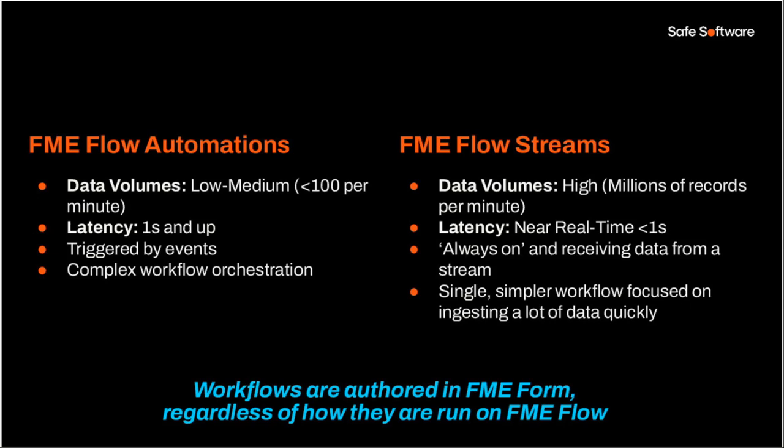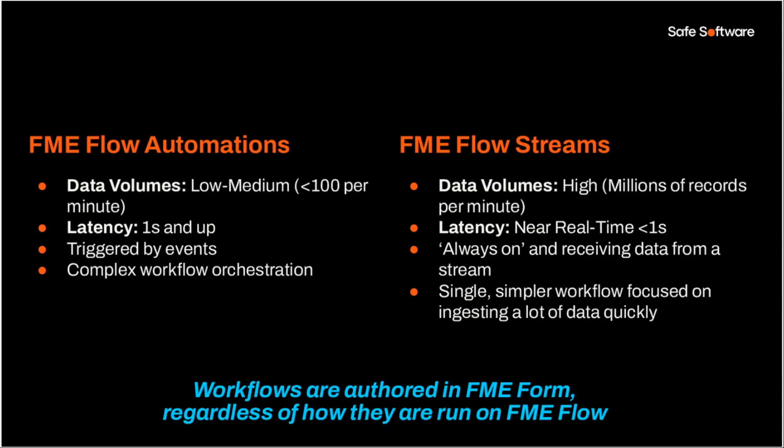So really the maximum is around 100 events per minute, maybe a bit less than that, around 60, probably one a second. As Don's already mentioned, this is good for things like when an email comes in, or these lower volume events. These events trigger more complex workflows. So you can do things like run multiple workspaces, and you can build out really complex logic.